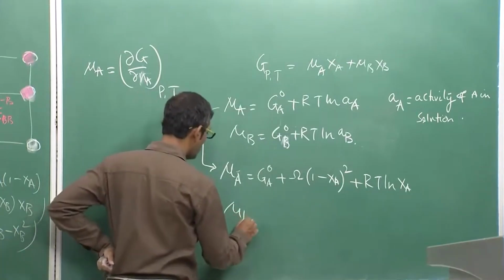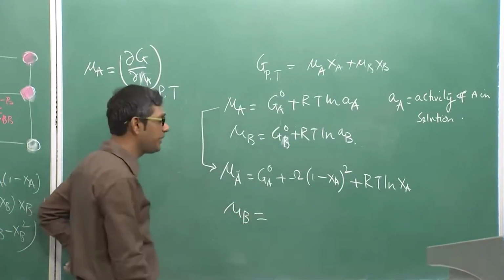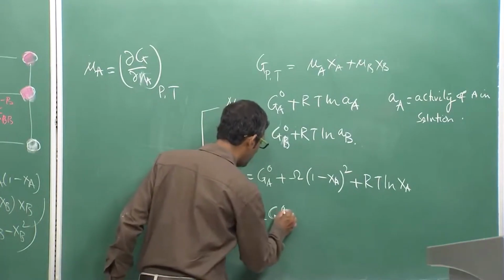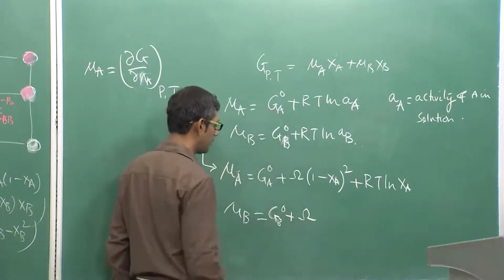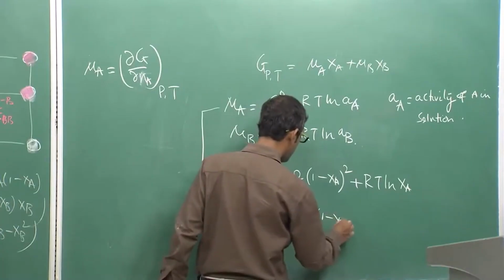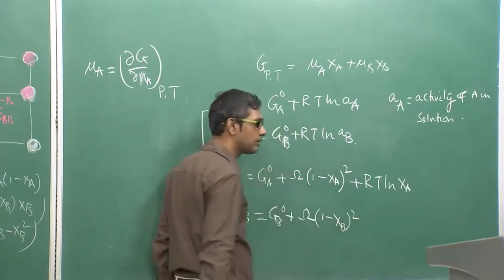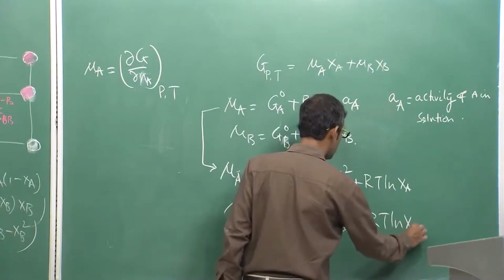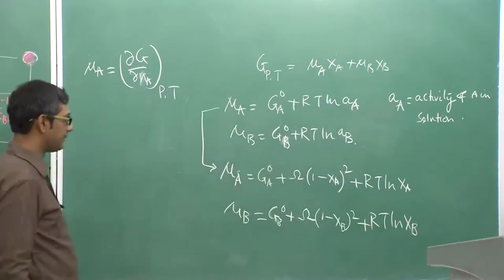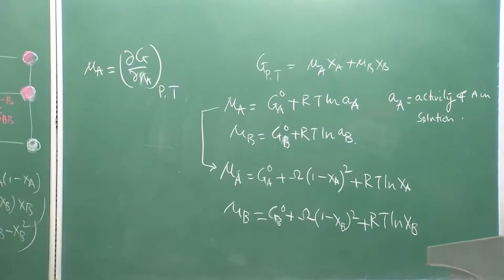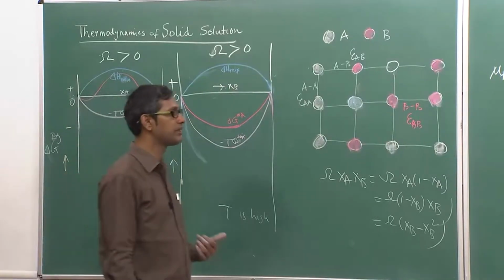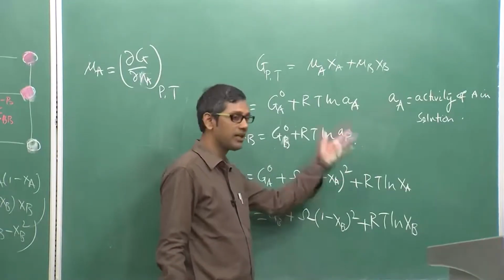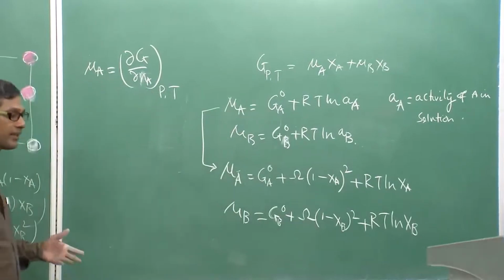Similarly, I can write down the chemical potential of B is equal to GB0 plus gamma (1 minus XB) whole squared, okay, plus RT log of XB. It is very easy. This actually comes down directly from the expression of G I have given. So G is basically equal to GA0 plus gamma XA XB plus the entropy terms. From there it comes, okay.